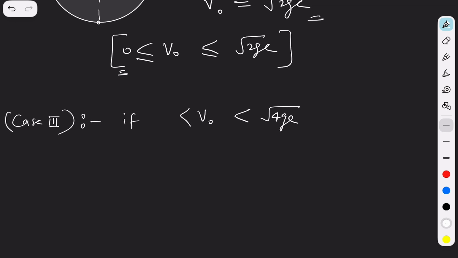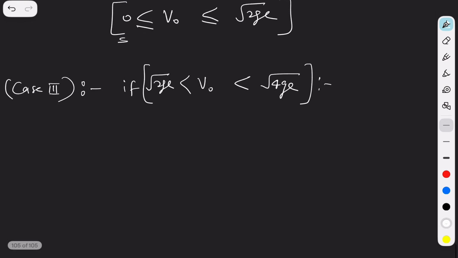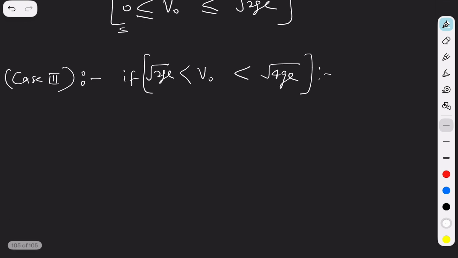I'm hoping that you have gotten the answer already, and let's just discuss this. In this case, if you see the rod here, we know that it will go in the upper half of the circle. Okay, we know that, but what is it going to do?